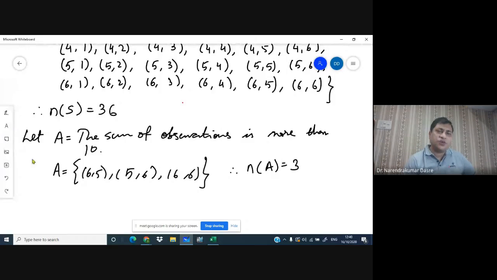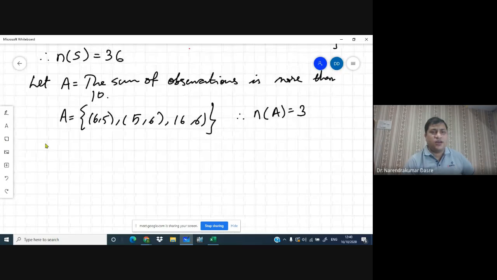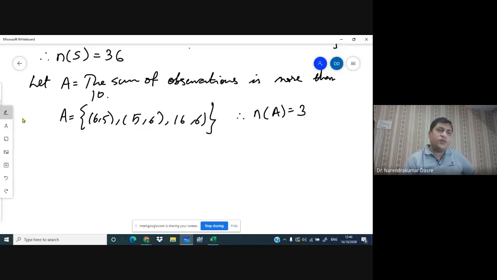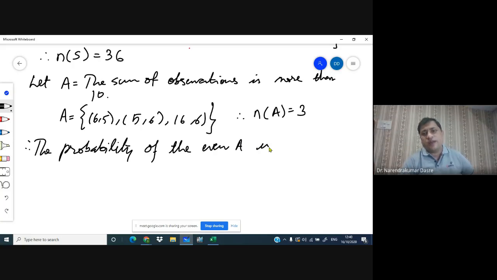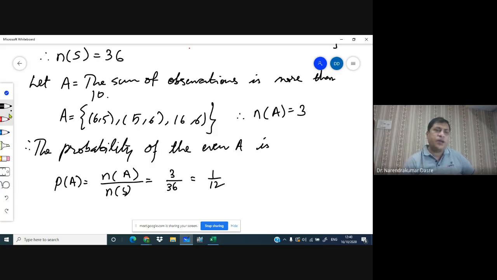Once we get the number of points in the event, then we are able to find the probability. The probability of the event A is equal to the number of points in A upon the number of points in S. So it is 3 by 36, which is 1 by 12.